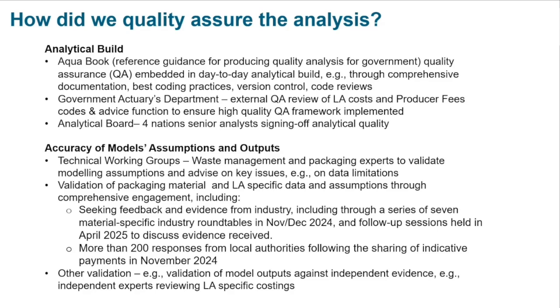The first is the Government Actuary's Department, a government leading authority on modelling and quality assurance, and they've done a review of our processes for both the local authority cost model and the base fees calculations. They've advised a number of steps we should take to improve our processes, which we have implemented. And we also have an analytical board made up of senior analysts across the four nations who have been able to sign off that we are producing good quality analysis.